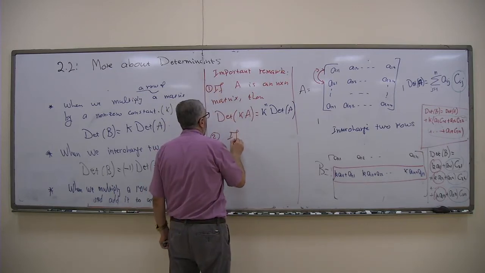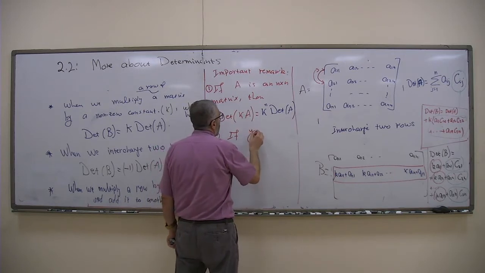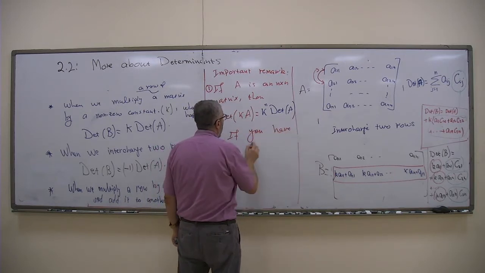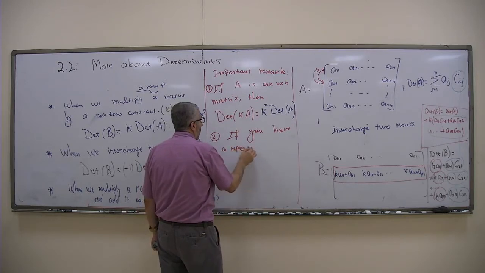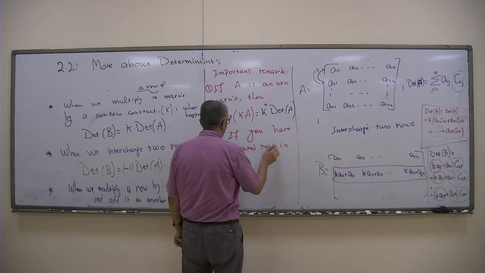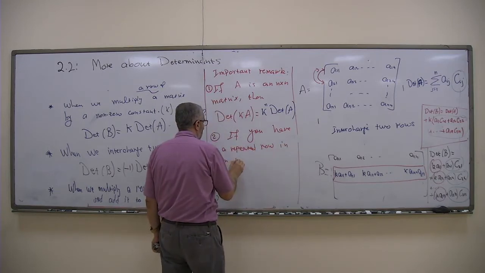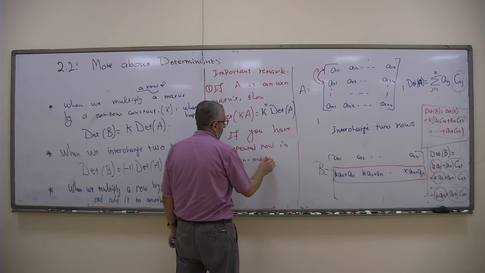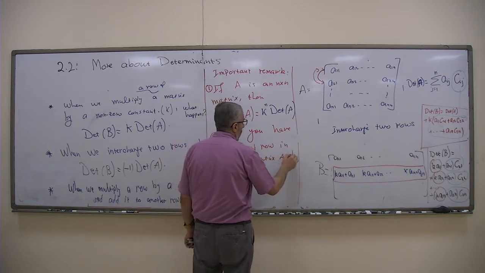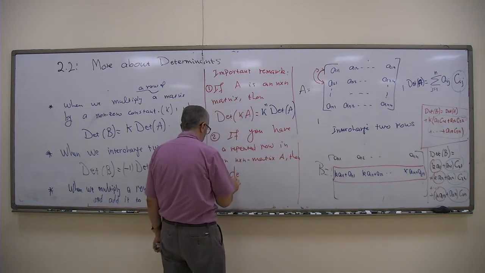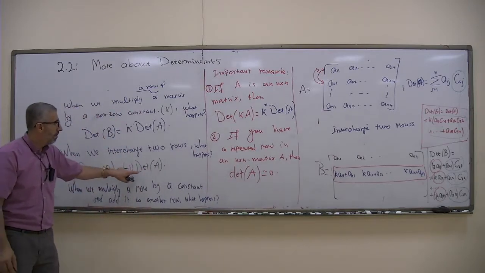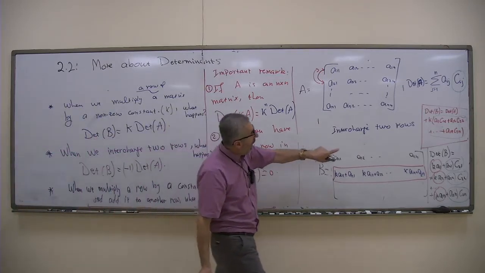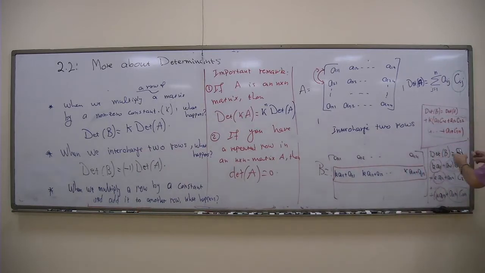If you have a repeated row, an n by n matrix A, then determinant of A, okay, I'm going to write it small d, determinant of A is 0. You can verify it from here, okay? Now, use this fact here, you are going to find this 0.